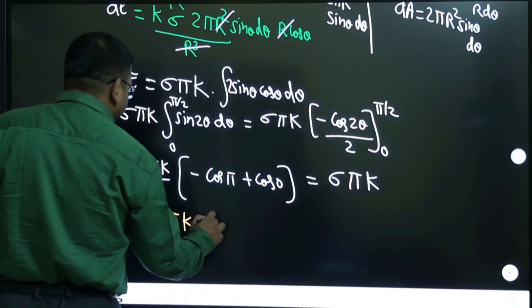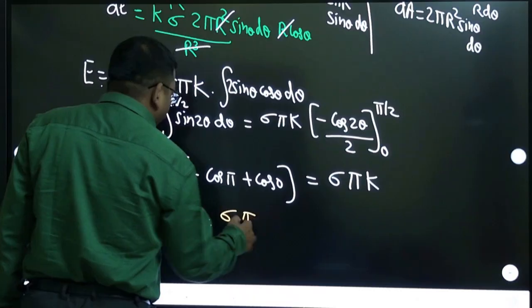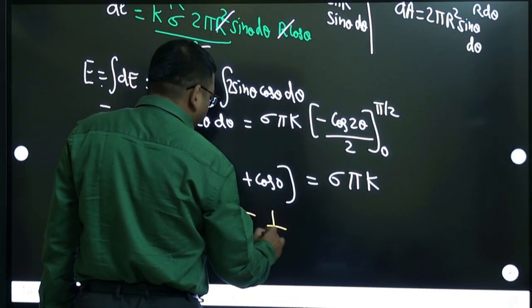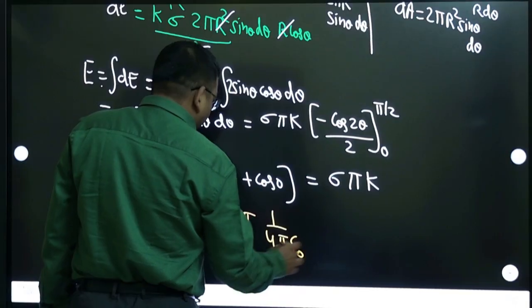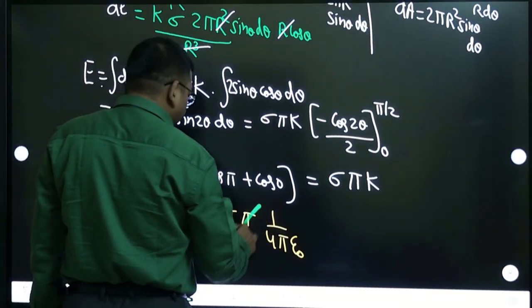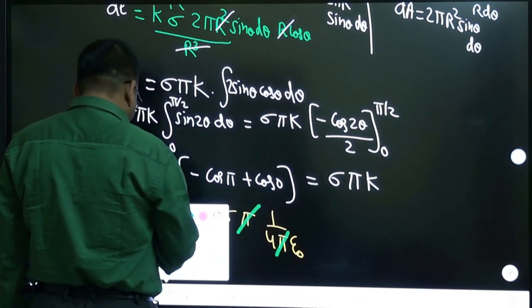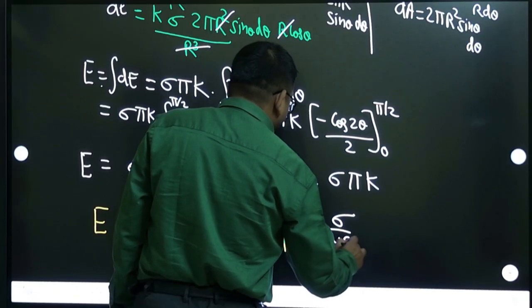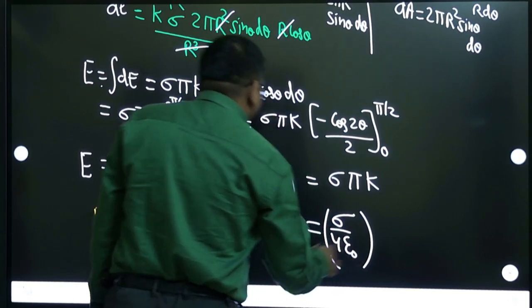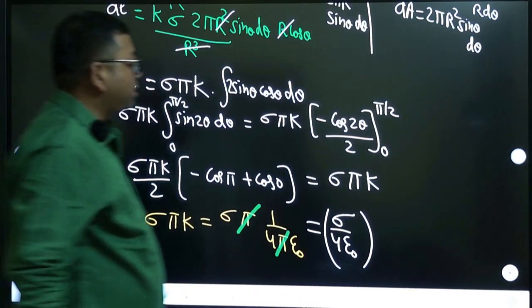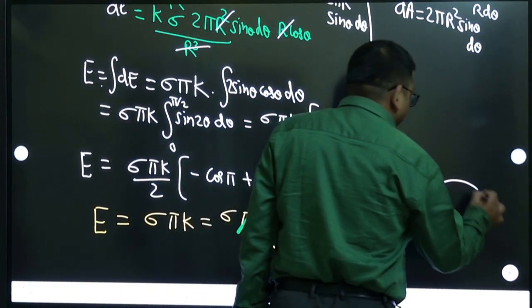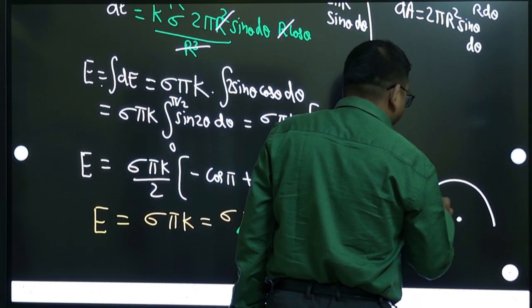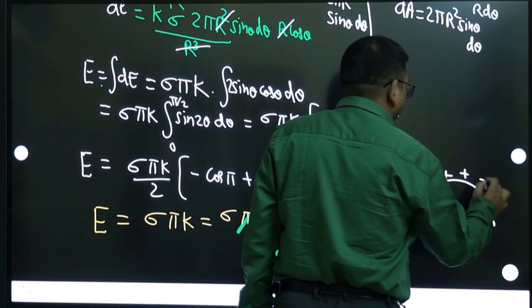If you want, let us simplify. Sigma pi k can be written with k as 1 by 4 pi epsilon naught. So now pi gets cancelled, and you get the answer as sigma by 4 epsilon naught. So remember that: the electric field at the center of the hemisphere, it is not a semicircle.